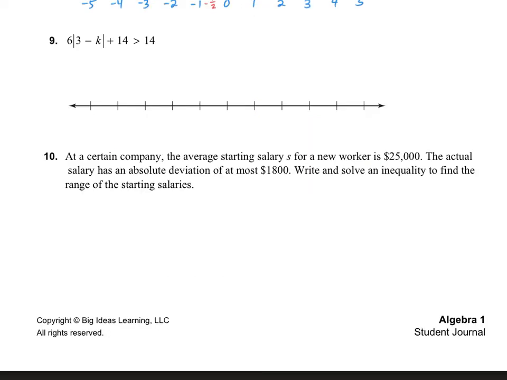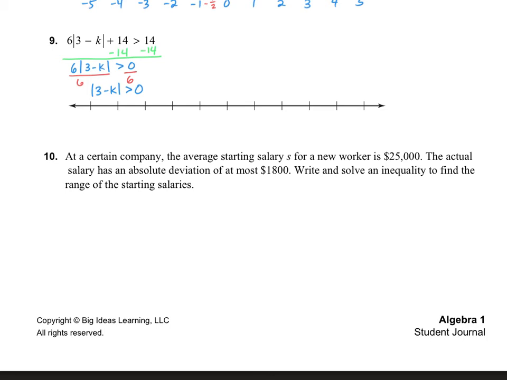Number 9, we see that the absolute value is not by itself, so we need to solve for the absolute value first. And when I do that, I get the absolute value of 3 minus k is greater than 0. So it's a greater than, so that means it's an or question.